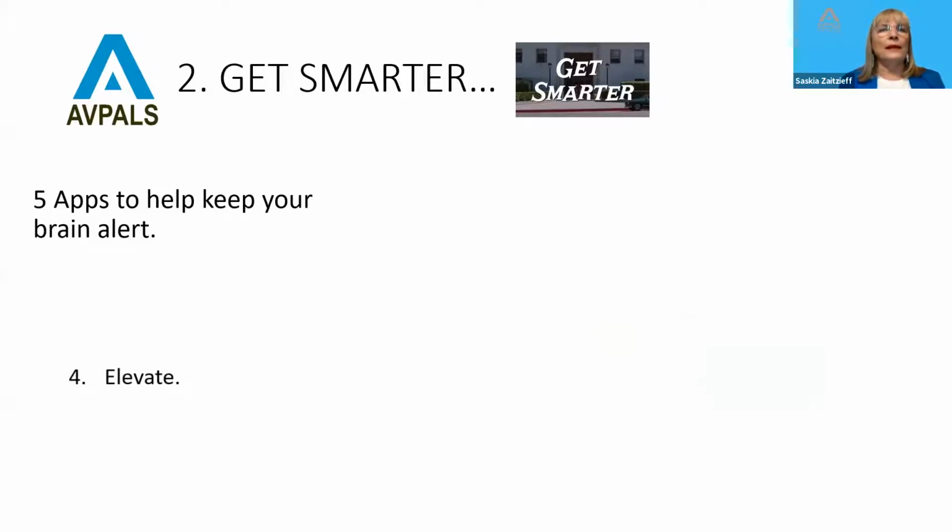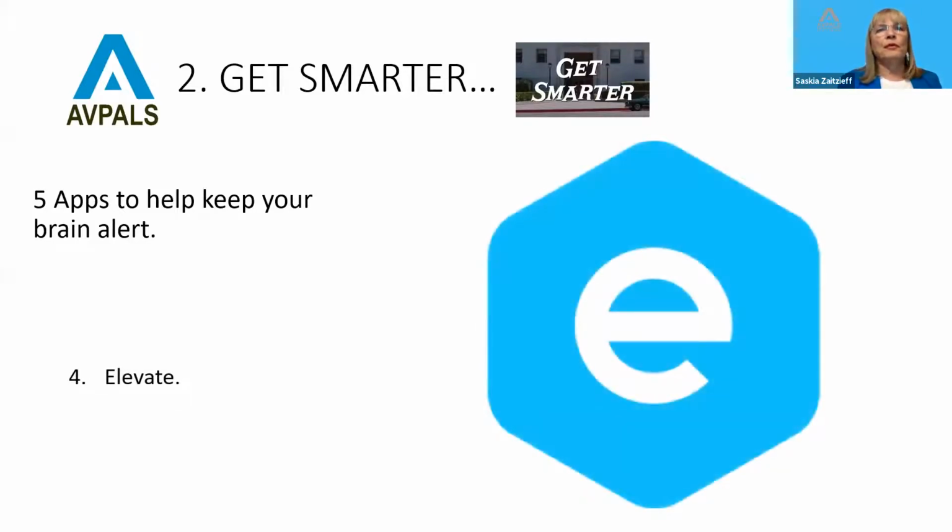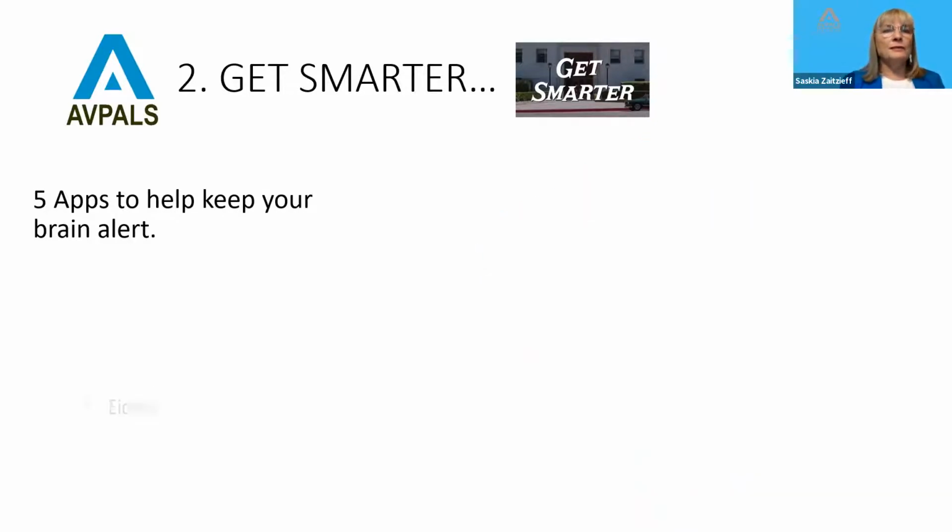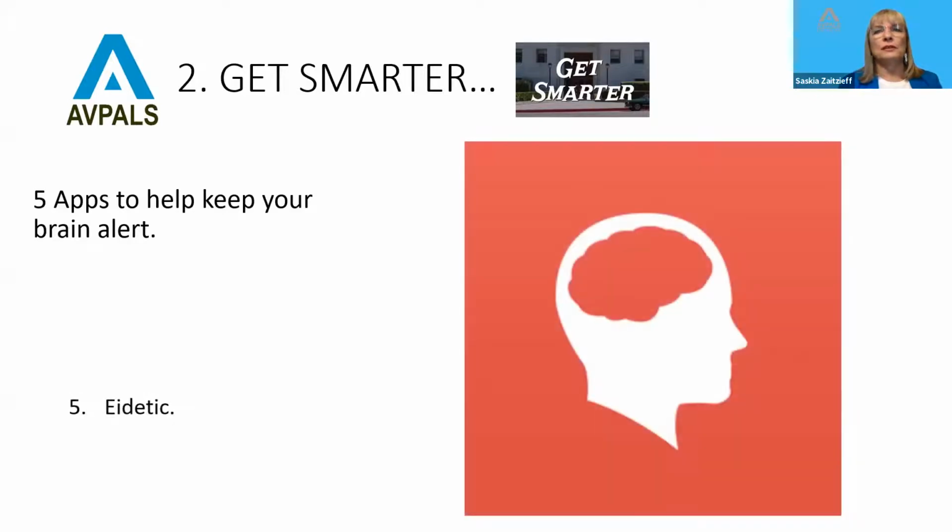Number 4, if you're looking for a free app, you can try Elevate. It doesn't do everything the paid ones do, but it does challenge you to expand your vocabulary, increase your awareness of grammar, and grow your reading comprehension. And number 5, if you're just interested in improving your memory and nothing else, then there's one called Eidetic.